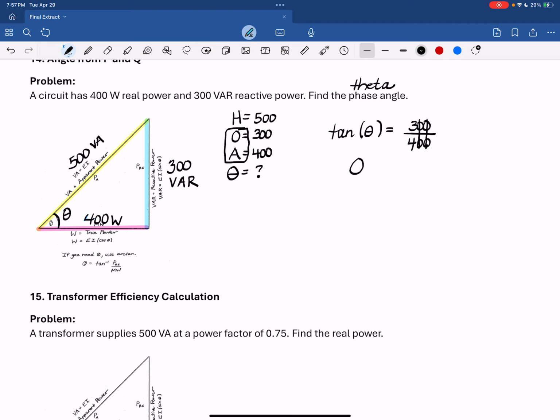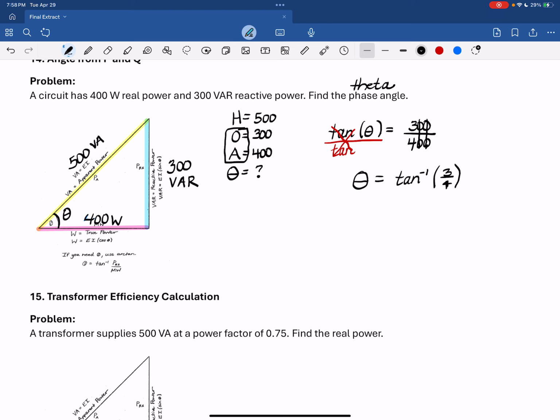So theta, let me try to show you how this works. I'm literally breaking tangent away from theta. And when I do that, we're going to get a function called arctan. So we get theta is equal to arctan of 3/4.